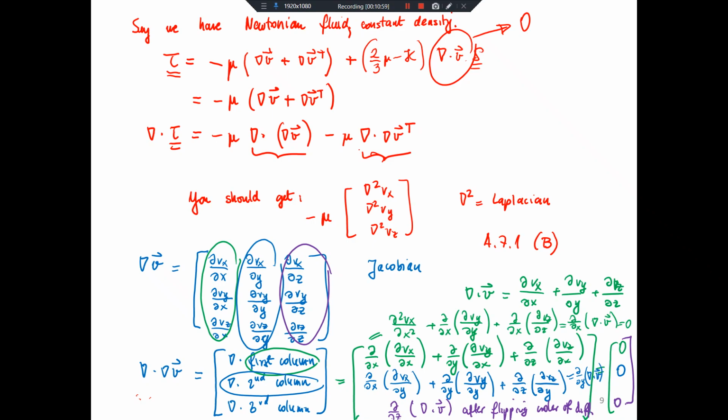So essentially, the divergence of the gradient of v is a 0 vector. So this part actually disappears.